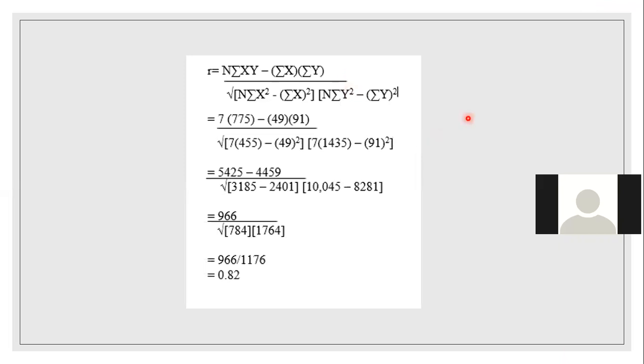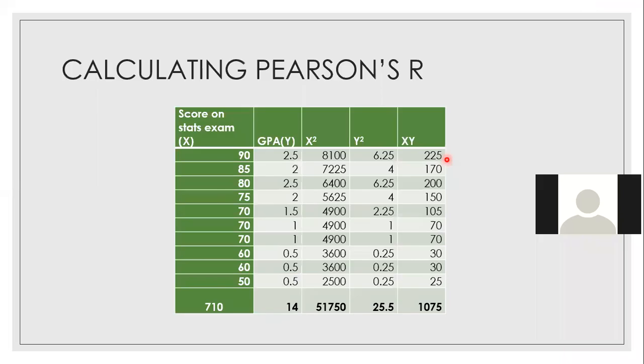Okay, good. As we still have connection, let me just go on. So we have two other variables. We're looking at score, a student's performance on one specific exam, and their overall grade point average.